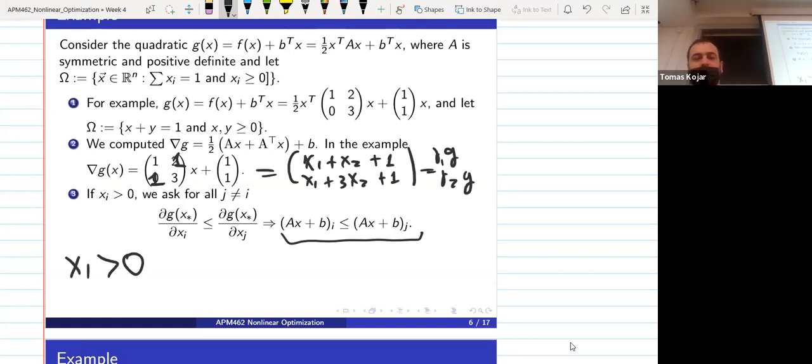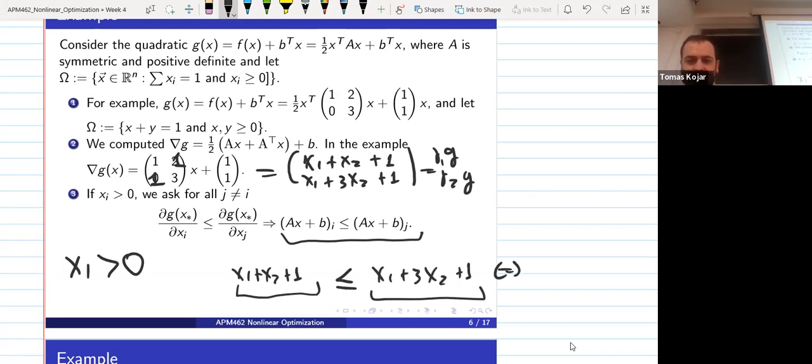Can someone tell me what will be the inequality? You put these two and you get that x2 will be non-negative, which is always true.